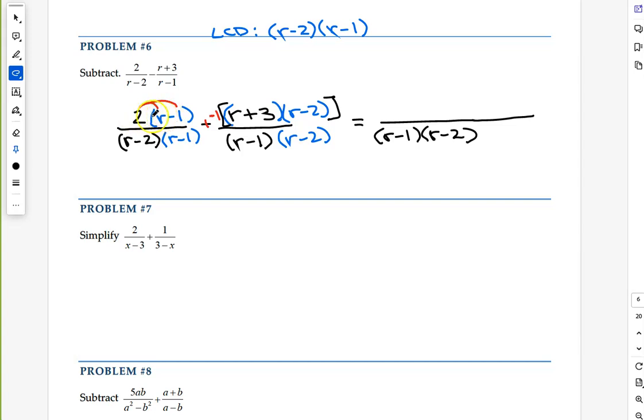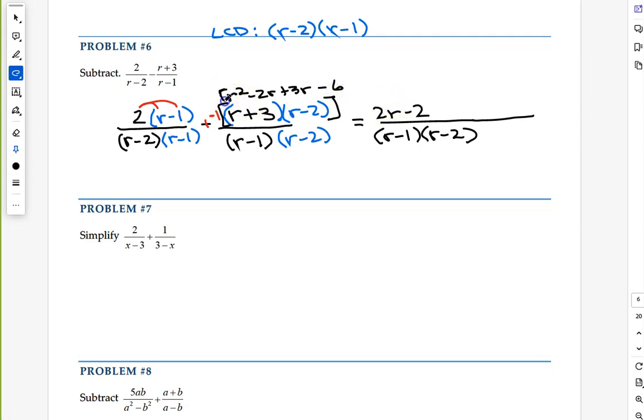So let's distribute these through. 2 times r is 2r. 2 times -1 is -2. Okay, then I need to FOIL these together. I'm going to do that right above here. So I've got r squared and then minus 2r plus 3r minus 6.